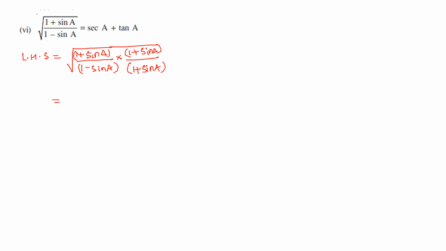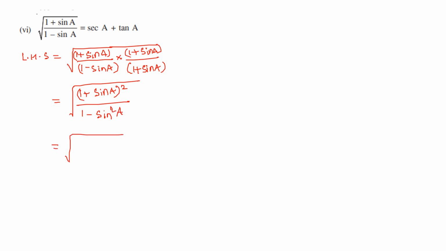So now it will become root of 1 plus sin A whole square. Okay, and in the denominator 1 minus sin A into 1 plus sin A. Now it is in the form of A minus B into A plus B. So it will be A square minus B square. Your A square is 1 square, which is 1. And B square is sin A whole square, which will become sin square A.